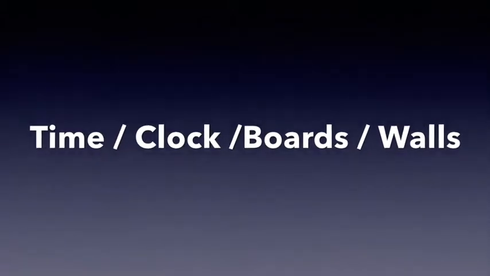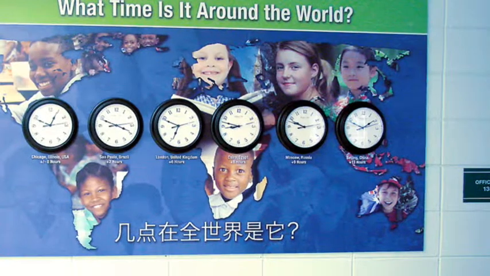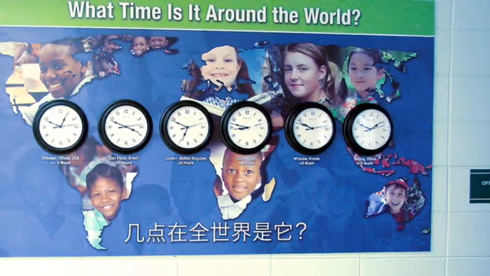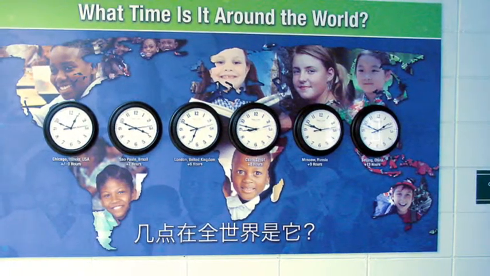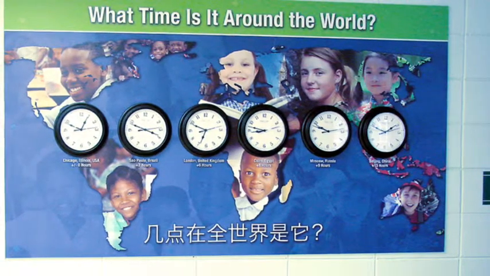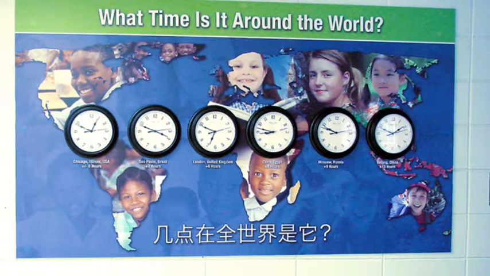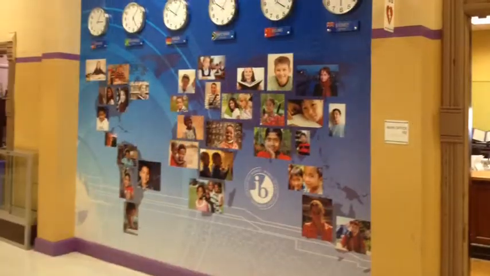IB time clock boards and walls are another feature that will step up the environment. What time is it around the world is a standard question throughout all IB schools. Here we see a 7-foot by 5-foot clock wall board that ties in not only the map of the world but also student pictures and the clocks.